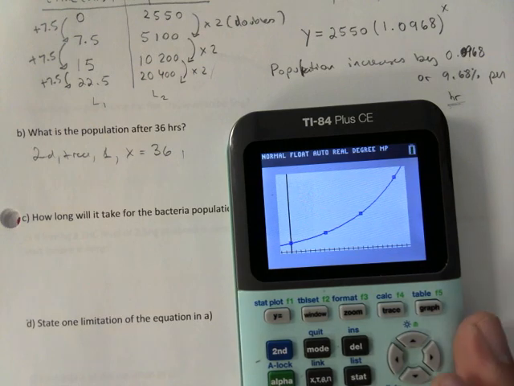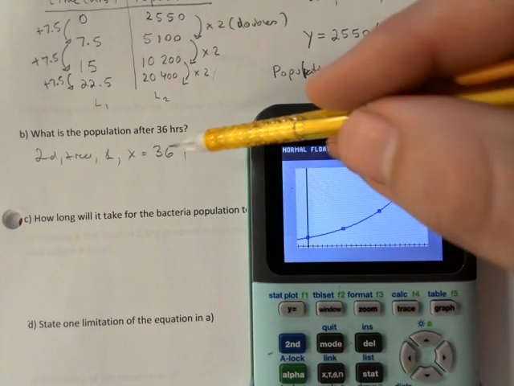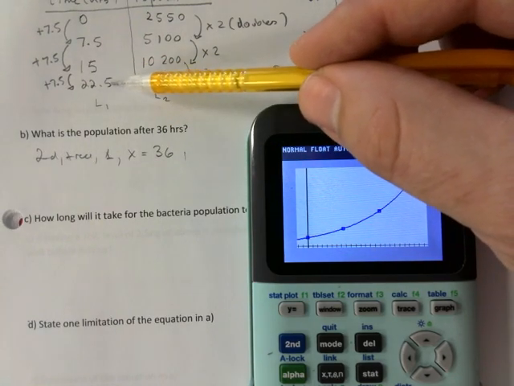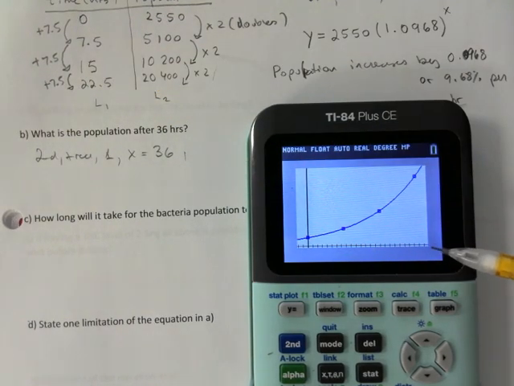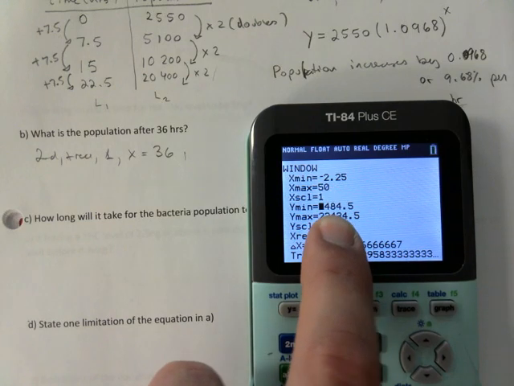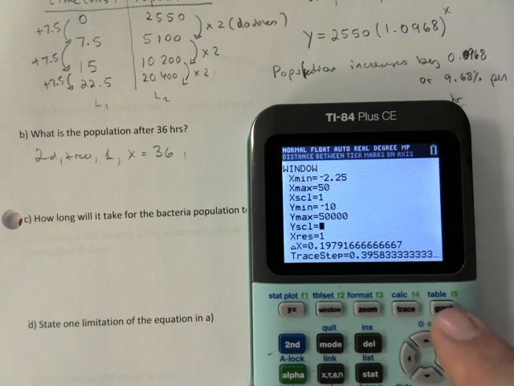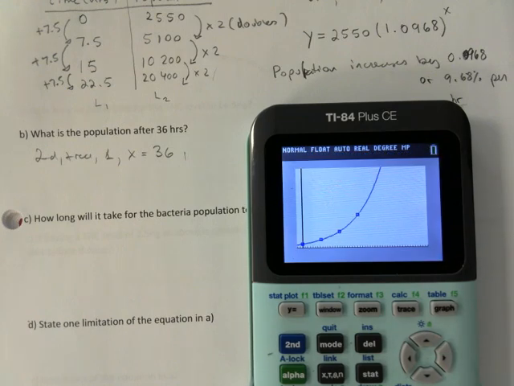You don't need to change it a whole lot, except we know that 36 is past the 22.5 that Zoom 9 includes on X. So I'm going to change my window to about 50. I don't need to go negative 400, so I'll go negative 10 or something like that. And my Y max, I'm going to go to 50,000 or so. Why did you pick those numbers? I don't know, it's just instinct. I just pick numbers and go with it.